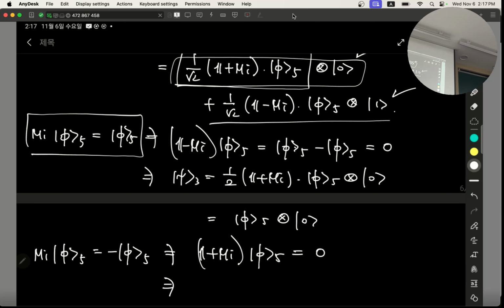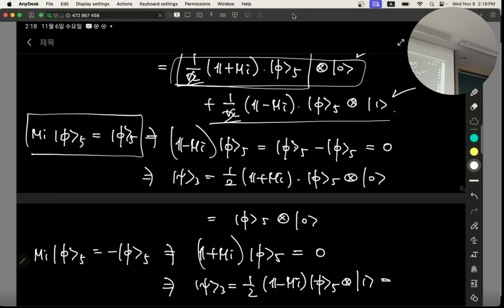So we have psi3 equals 1 over 2, 1 minus mi v5 tensor 1. And what happens to this multiplication here? It's the same thing as v5 tensor 1. So in this case, we only see 1 in the readout of the upper register.